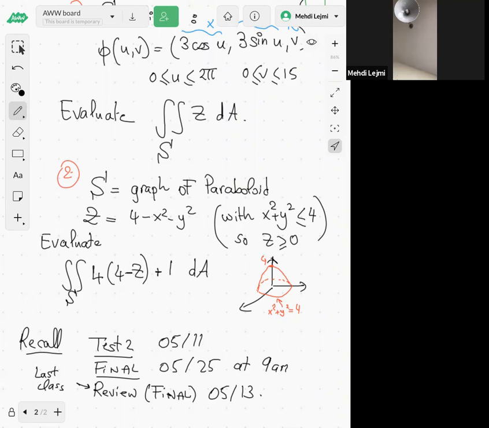So I'm going to talk a little bit about the orientation of surfaces. If you have the opposite orientation, you're going to have the opposite integral, but otherwise it's independent of the reparameterization.